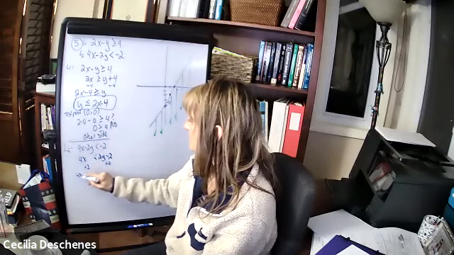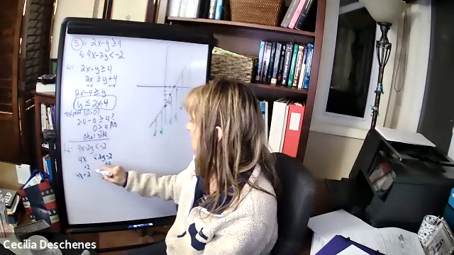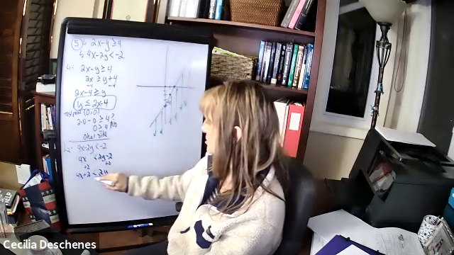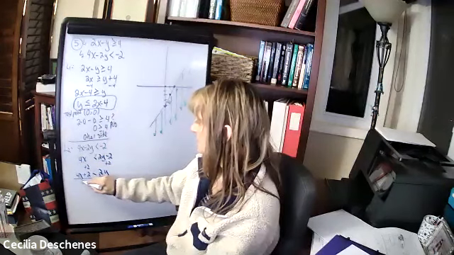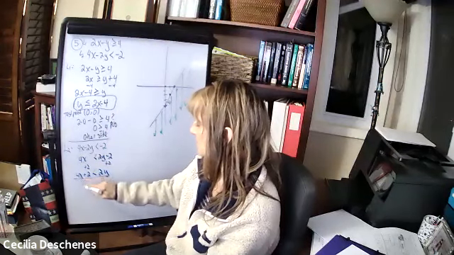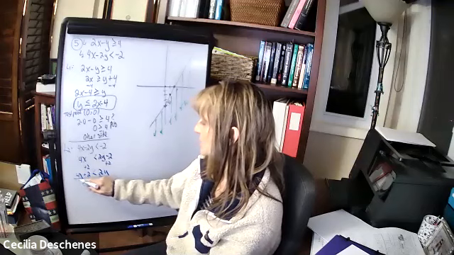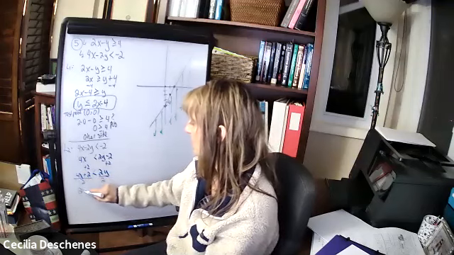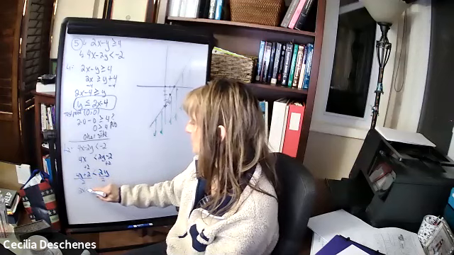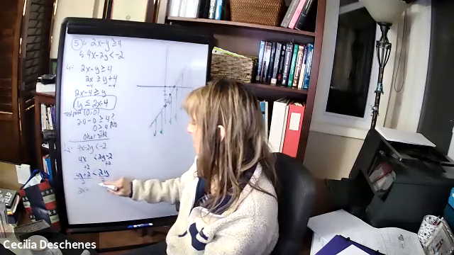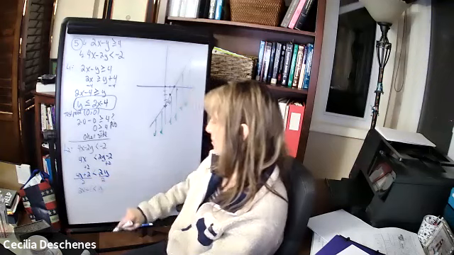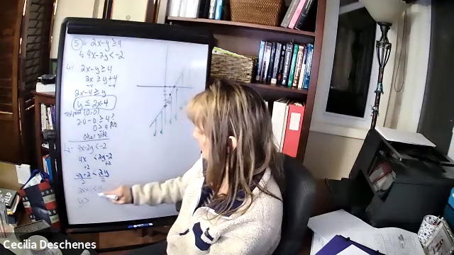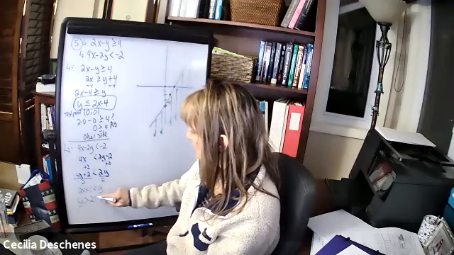So I have 4x plus 2 is less than 2y. Then I'm going to divide both sides by 2, making sure I distribute that division by 2 to each term in the numerator. So I get 2x, because 4 divided by 2 is 2, and 2 over 2 is 1, is less than y, which I'm going to flip around and write as y is greater than 2x plus 1. The big side is facing y.